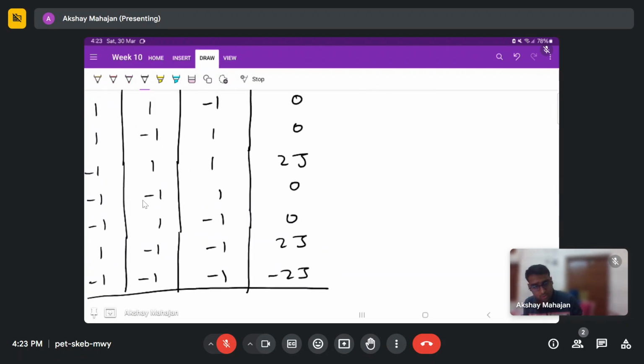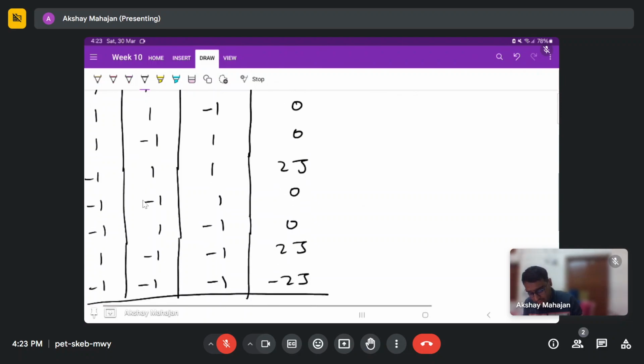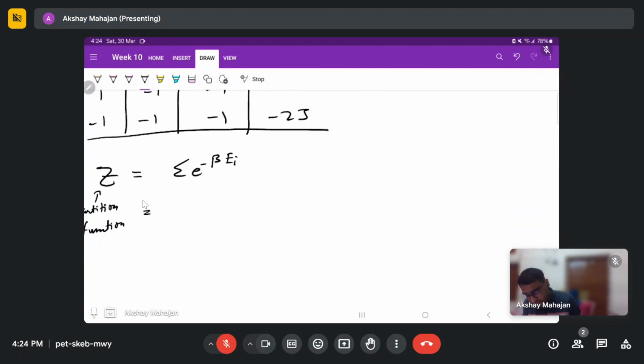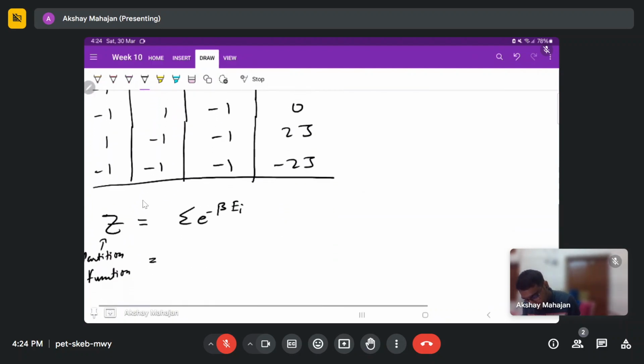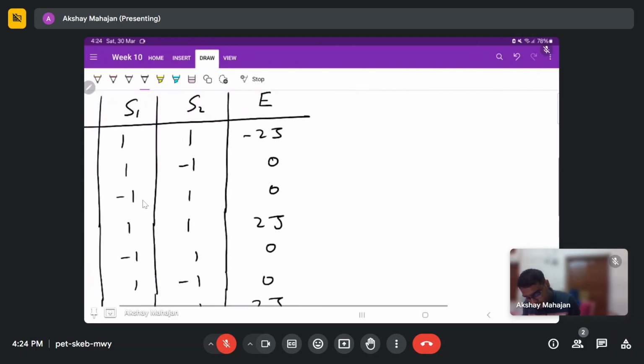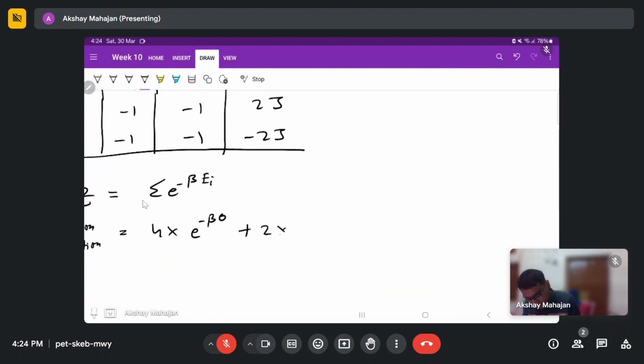Either the energy is 2J, or the energy is 0, or the energy is minus 2J. For energy 0, there are 4 cases. So 4 cases when the energy is 0, e to the power minus beta times 0, plus 2 cases where we have energy 2J, it will be e to the power minus beta 2J, and in 2 cases we have energy minus 2J.